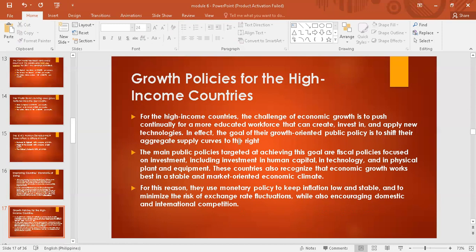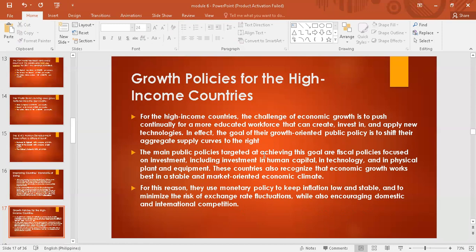Kapag maraming educated workforce and they are being utilized sa government natin and sa society natin, yung supply curve nag-a-adjust. Ibig sabihin po, pwedeng mag-increase ang ating supply ng mga goods and services. Okay? Kasi nga, maraming tao sa bansa na high income ay nagiging matalino sa pagtatrabaho, sa application of technologies.